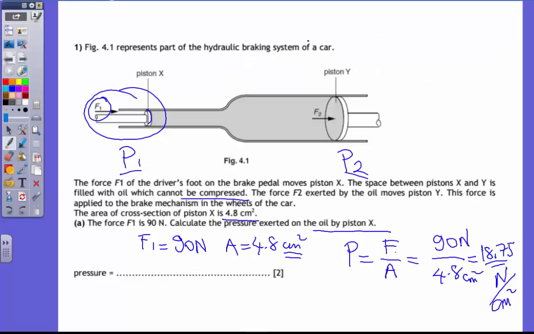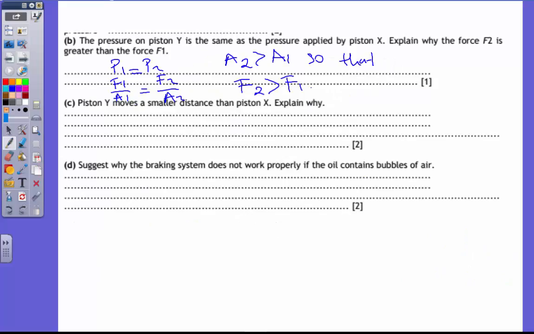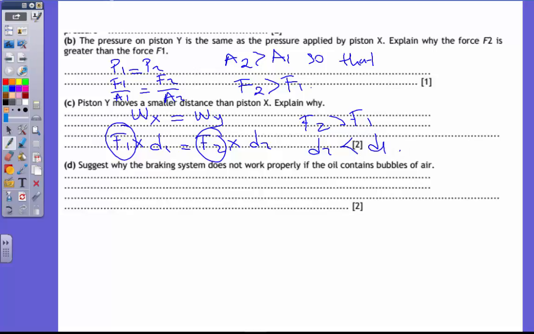The work done by piston 1, piston X, is equal to the work done by piston Y. So F1 times distance D1 is equal to F2 times distance D2. If F2 is greater than F1, the distance D2 must be smaller than D1, otherwise they cannot be equal.